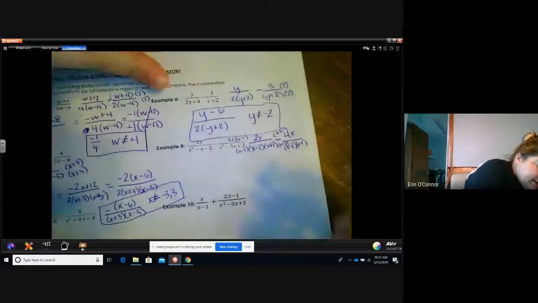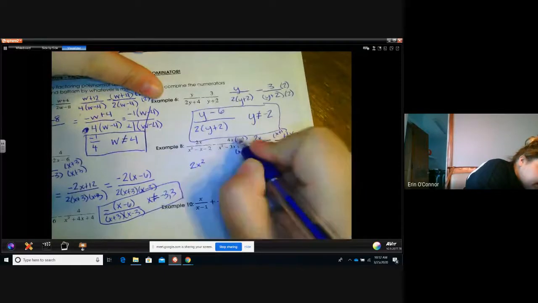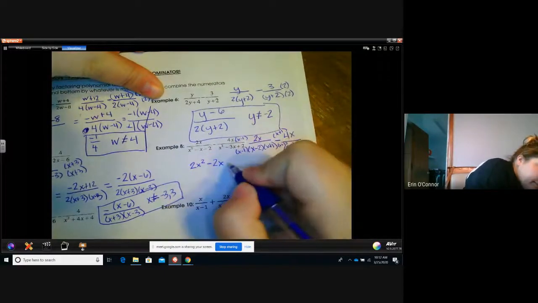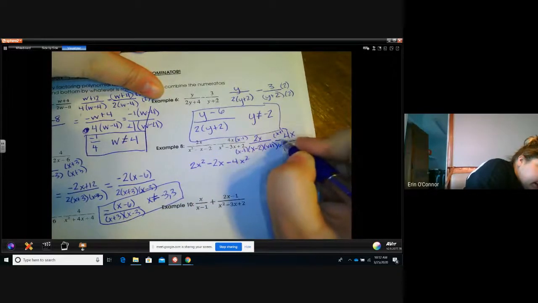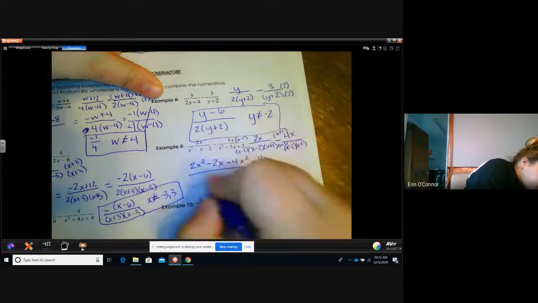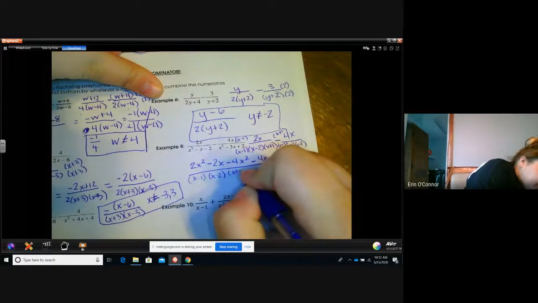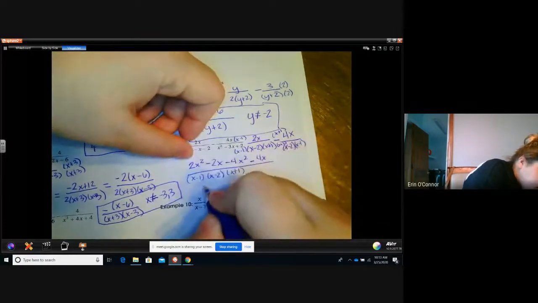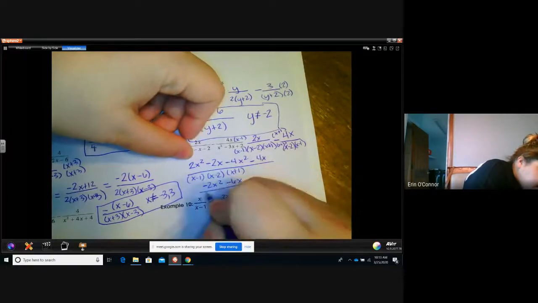Okay, now when we do this, we have 2x squared, 2x times x, 2x times negative 1 is minus 2x, minus 4x times x is 4x squared, negative 4x times 1 is minus 4x, over x minus 1, x minus 2, x plus 1. Combine like terms, and I'm going to get negative 2x squared minus 6x all over this.